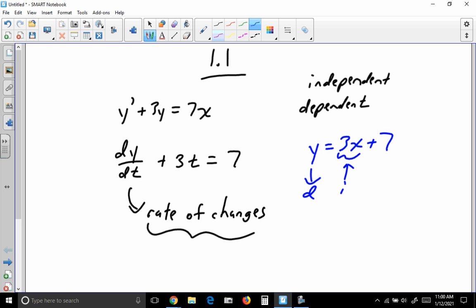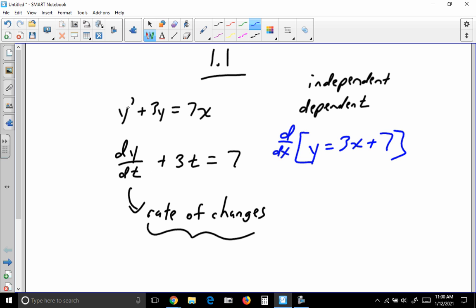In terms of things that are differential, imagine if we were to take the derivative of this function. Typically we would be taking the derivative of this with respect to x. So whatever variable we're using to take the derivative with, that's our independent variable, and the other one is dependent.